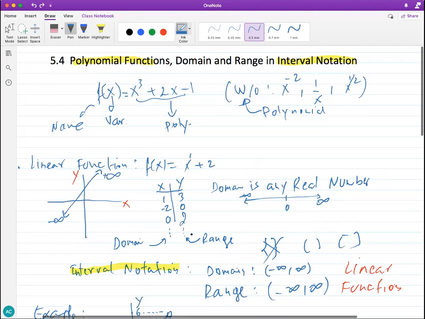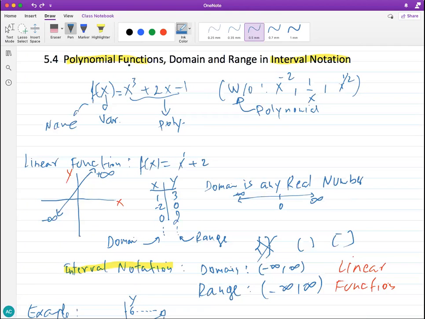Next thing we're going to do is talk a little bit more about polynomial functions. So something like this. You'll see that we can add these, we can multiply them, we can divide. Whatever we do with polynomials, we can do with functions, because technically, a polynomial function is just basically a polynomial.